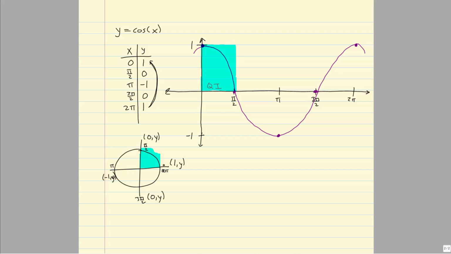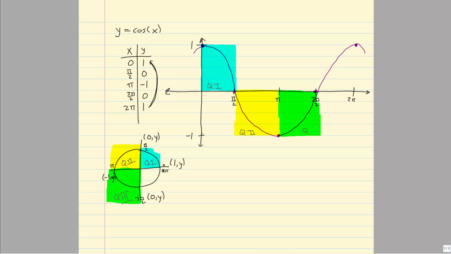Okay, the next one we want to look at, let's look at quadrant 2. So here's quadrant 2. Quadrant 2, the graph falls below. So let's make sure we mark that. Quadrant 2. This is quadrant 1. So this is quadrant 2, quadrant 1. Okay, so let's see what happens next. I'm still below, and that would be in quadrant 3. So this is Q3.